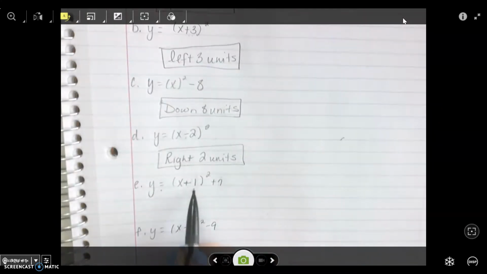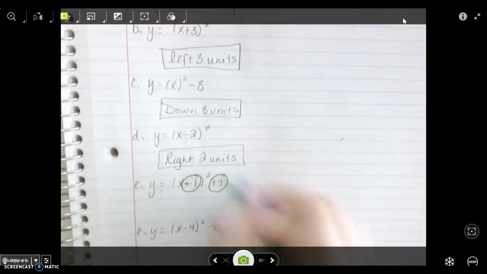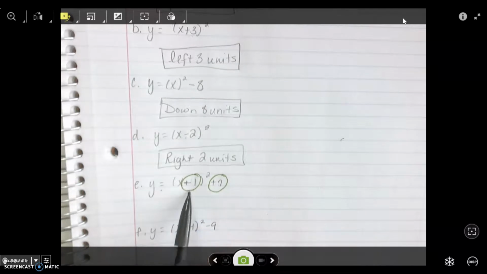Part E, you've got two things going on. You find a highlighter, a green marker works. You've got this portion right here, and you've got this part right here. They're two different parts of the quadratic. And in the parentheses, it's going to move it left and right.